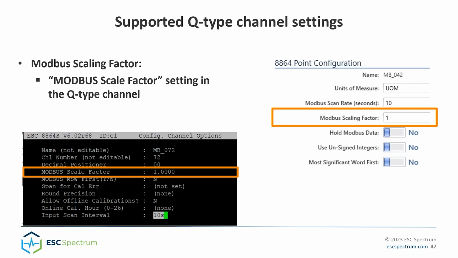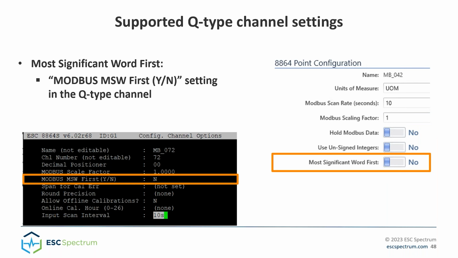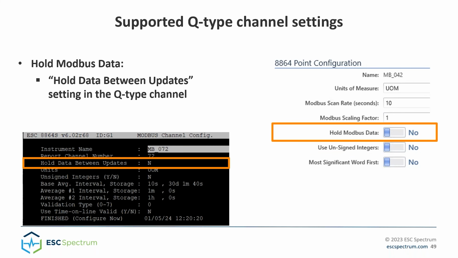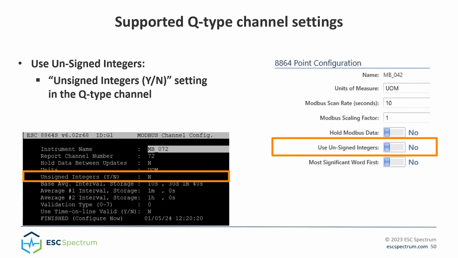Same thing for the scale factor. I believe most significant word is the next one. So these are all things that you'd see in the 8864, and we now have the equivalent setting in the administration area. Yeah, hold between updates. So everything that you would need to set this up is available now on the point configuration page.